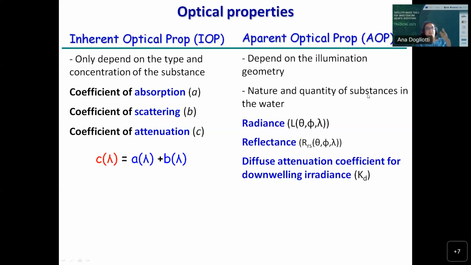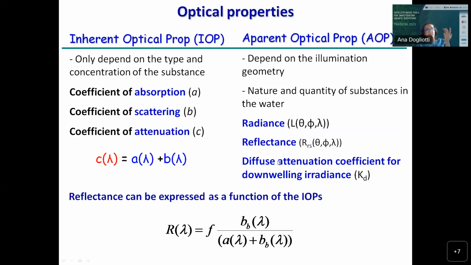So something external to the substances that are present in the water. Examples of this are radiance and reflectance, what I've been talking about before, because as you can see, they depend on the angles of viewing and also the wavelengths. Another example is the diffuse attenuation for the downwelling radiance, KD, which is how the light is attenuated with depth.